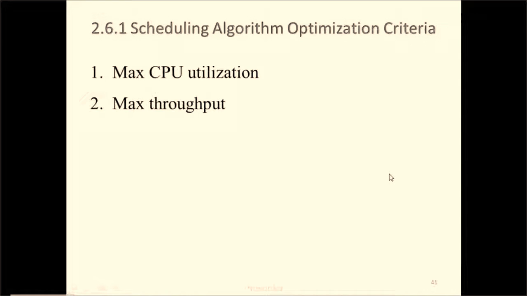Throughput is the number of processes completed in a particular unit of time. So this number of processes should be higher and higher, that is preferred. Turnaround time, minimum. Remember that max throughput and minimum turnaround time are related to each other and inversely proportional. The more the throughput, the lesser the turnaround time.